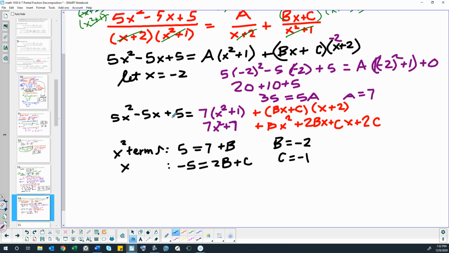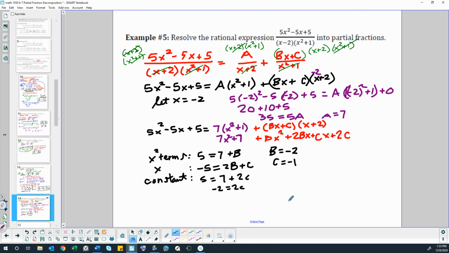So let's see if we can use our constants to actually accomplish the same thing, just to check the work. So for our constants we have 5, and then we have a 7, and there's x's on all of those, so then we have a 2C. So if we subtract the 7, we would have -2 equals 2C. So that does confirm that C equals -1, right? Alright, big picture here.